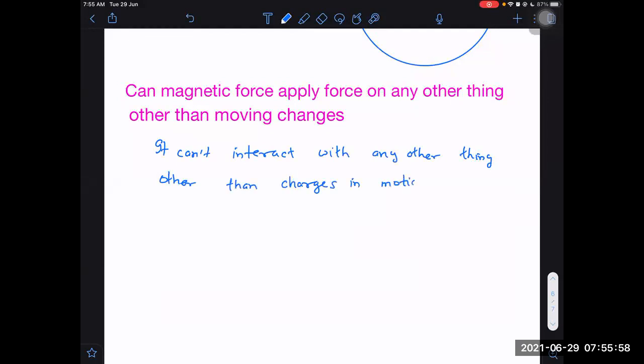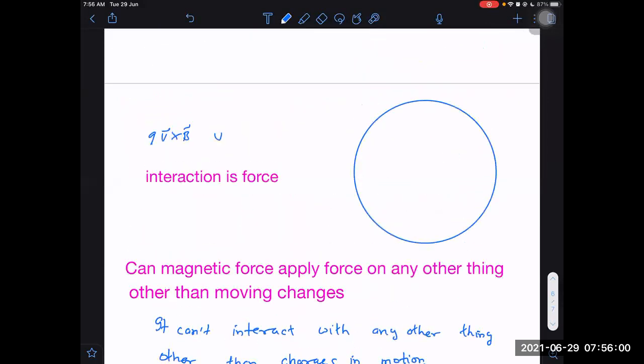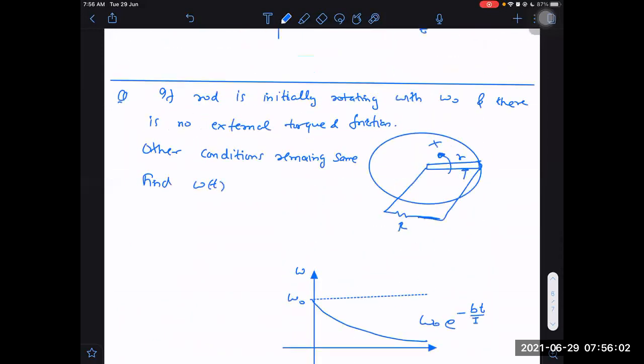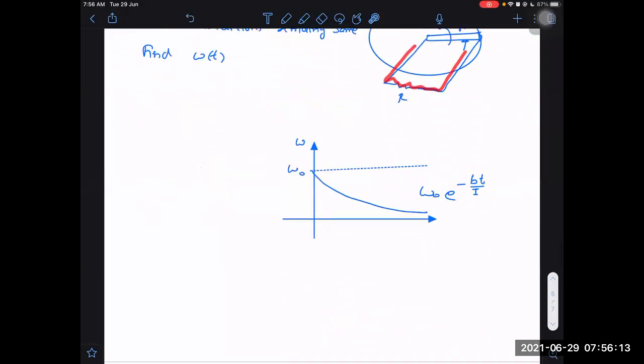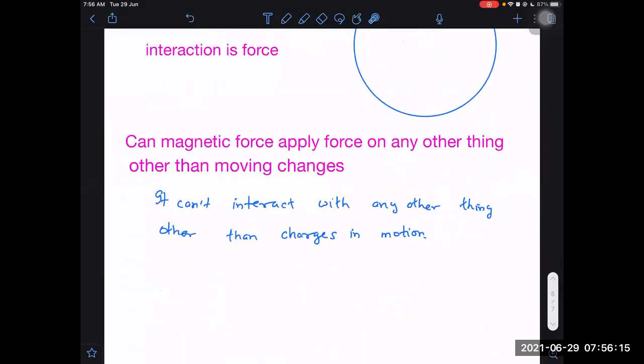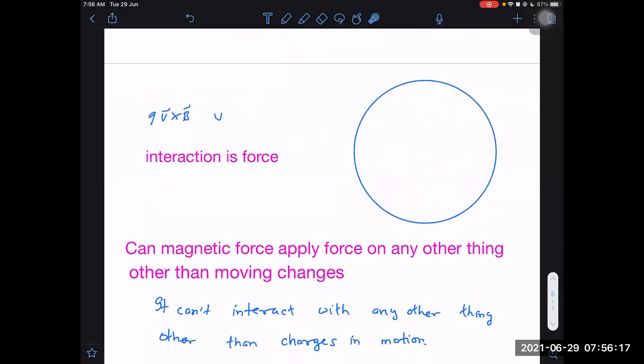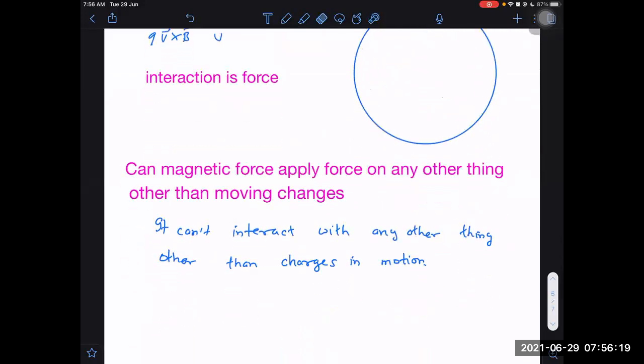And that is a very important point to understand. If that is happening, then in this case also, this magnetic force is not doing any work. It is not doing any work. We are doing external work, and that external work is being utilized for the dissipation of the heat energy in the resistance. That is only being utilized.